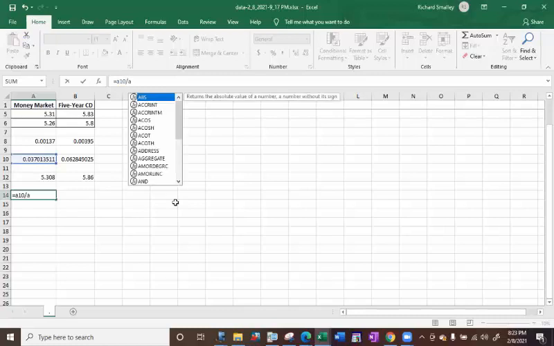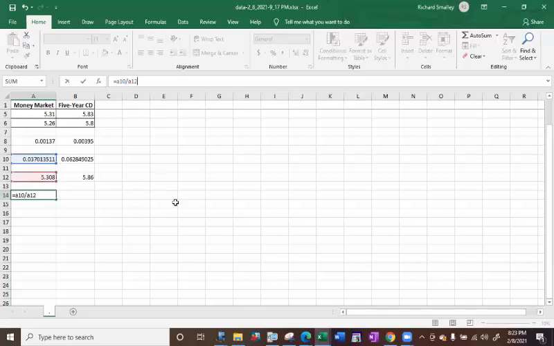So it's A10 divided by A12. I could just change the format to percentage if I want to, or just multiply by 100. I think I'll just multiply by 100. Either way will work.